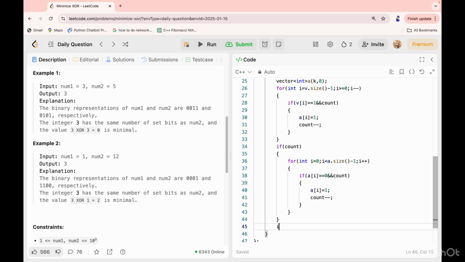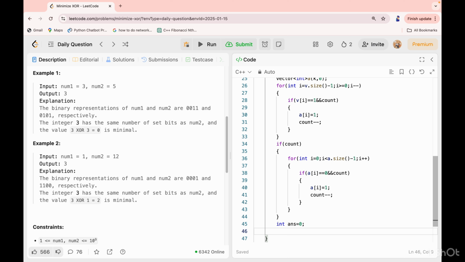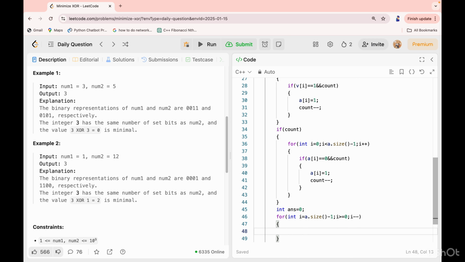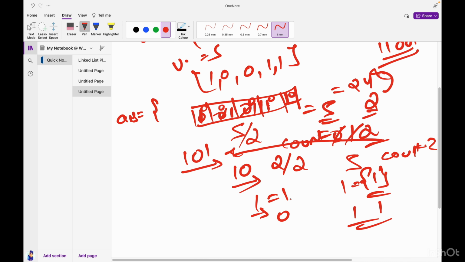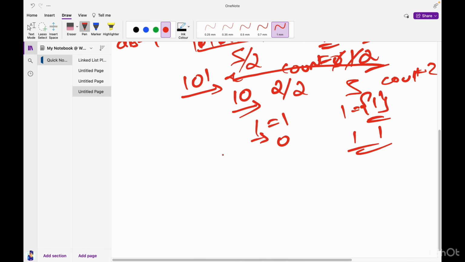Now we will take our answer variable and we will traverse the whole vector and find out the value. So we will traverse the whole vector from MSB to LSB. Now let's suppose our number is 100.